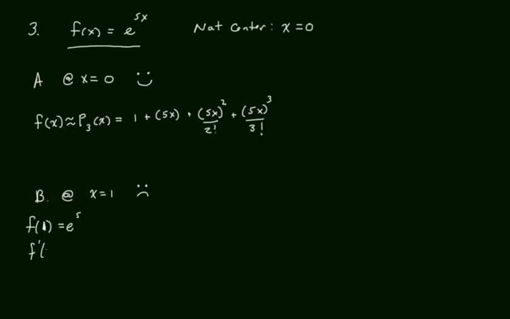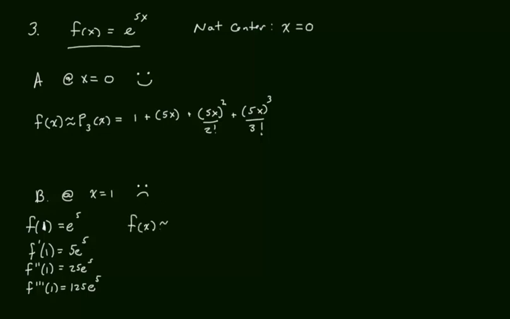F prime of 1 comes out to be 5 e to the 5, and we're doing a third order, so I've got to go 3 derivatives. Second derivative of 1 is 25 e to the 5, and the third one will be 125 e to the 5. Those become the coefficients. Not too bad of a raw construction.